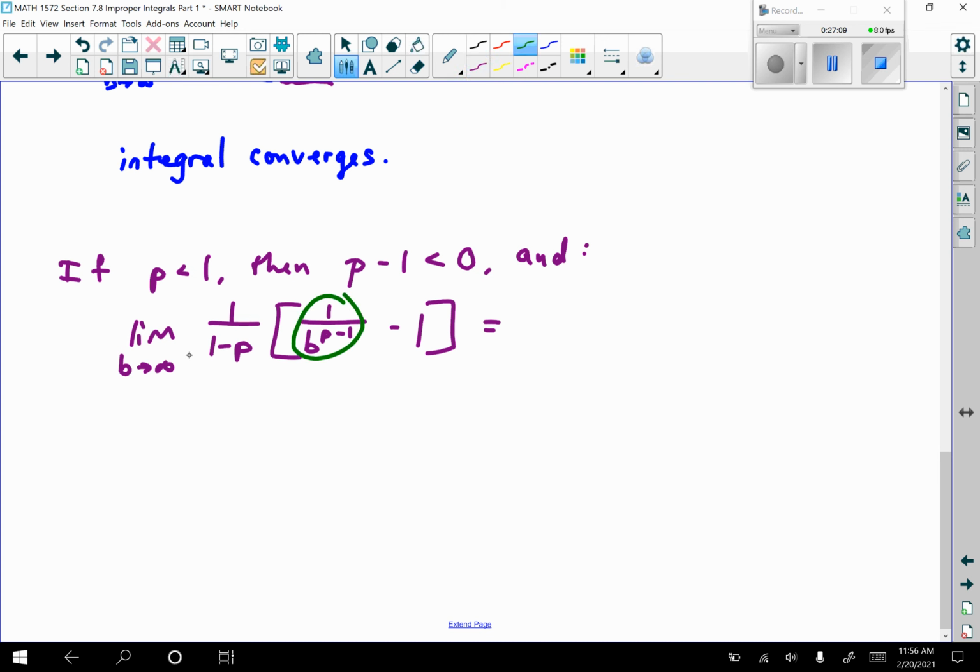If b keeps increasing without bound, and this is a negative number, so I'm really getting 1 over b, we'll just write it this way, to a negative number, and b is a really large number, then this becomes b to a positive number. So this is infinity to an even larger number. So as b increases without bound, b to any exponent is also going to do the same. So this is going to equal infinity. And the integral diverges.